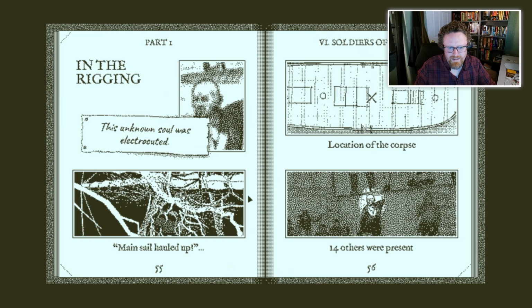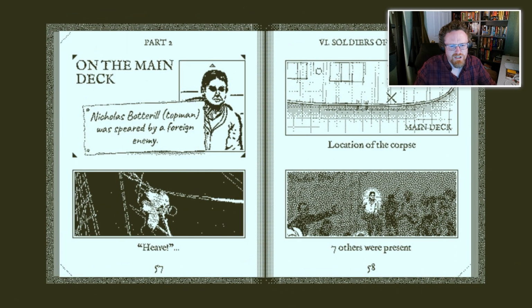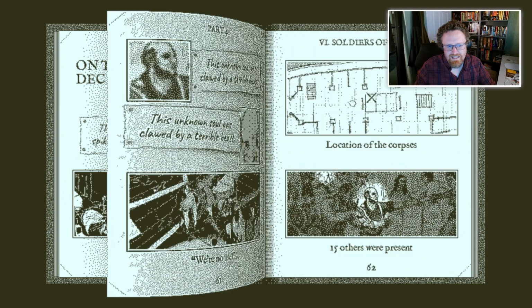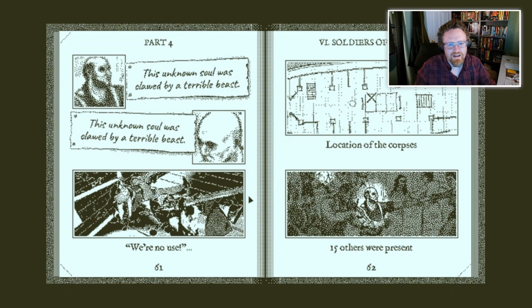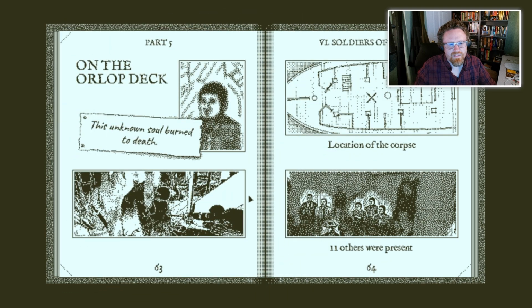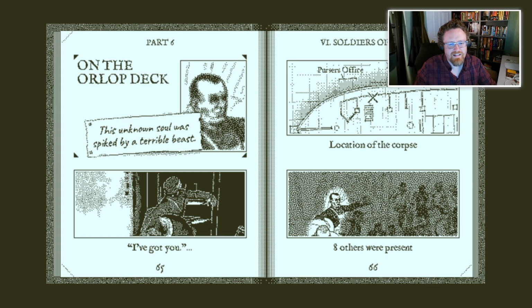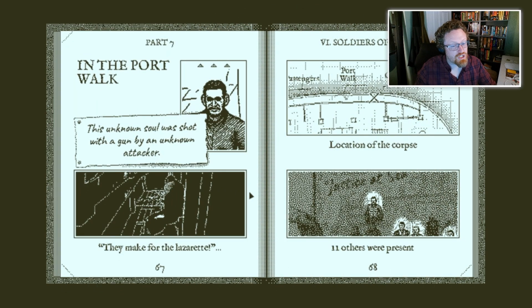So we got part 1 in the rigging, lightning strike. Part 2, speared by the foreign enemy. Part 3, spiked. Part 4, 2 guys clawed. Part 5, guy burns from the lantern on the enemy. Part 6, another spike. Part 7, shot through the wall during the fight.